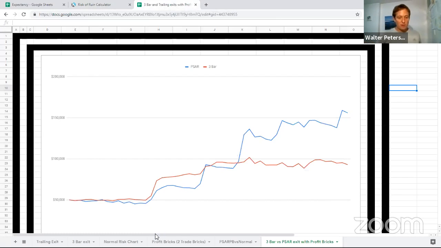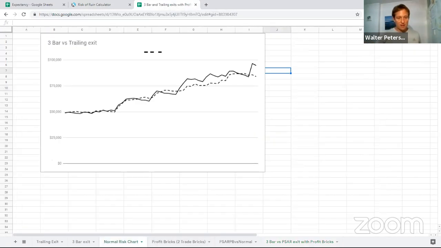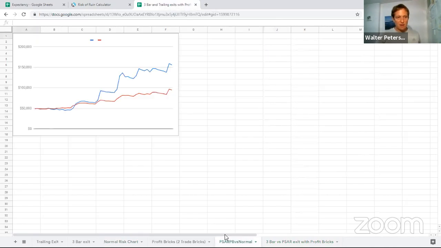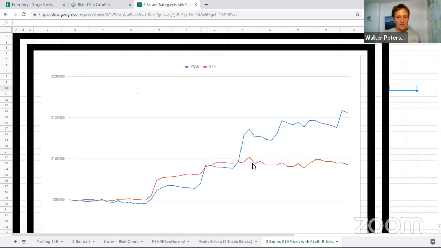So you literally go from this chart right here, where we start at 50 grand and top out at 84 grand, or 94 grand, or we all of a sudden get here where we're topping out at 92 grand versus 155 grand. So it's a big difference, isn't it? That's the thing that I wanted to share with you today.